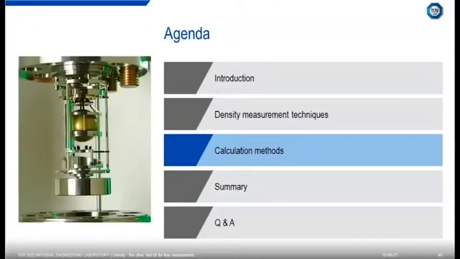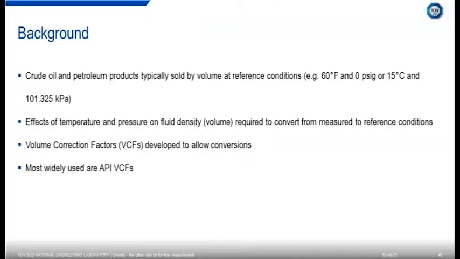Okay, let's have a look at calculation methods, because that sort of feeds on from what I was saying there about the difference in the conditions between the densitometer and the flow meter. But there's a broader picture to that. Thinking in the oil and petroleum products sector in particular, crude oil and petroleum products are typically sold by volume at reference conditions.